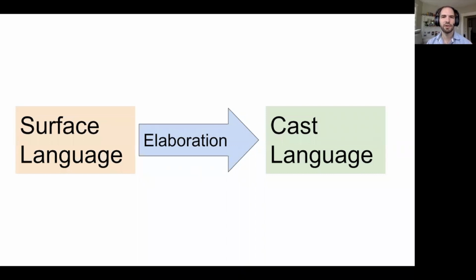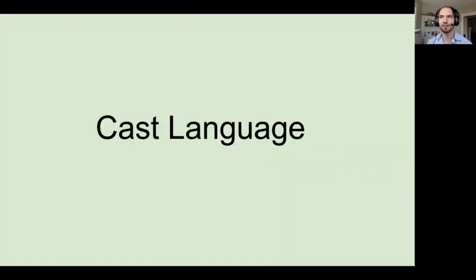So what do we do if a user makes a term that's reasonable, possibly, but doesn't type check in the surface language? Then we encode enough information that our cast language can find an error if it exists.